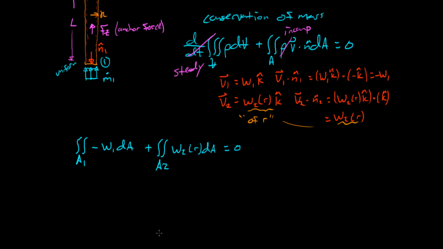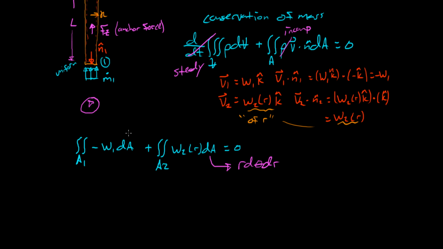Well, now we got a problem, right? This is a function of r, which means we actually have to do the integration, which means we need a differential area. Remember, this is a circular pipe, and so our differential area is the little wedge, which is given by r d theta dr. And we can sub in the definition for w2 as a function of r that they gave us.